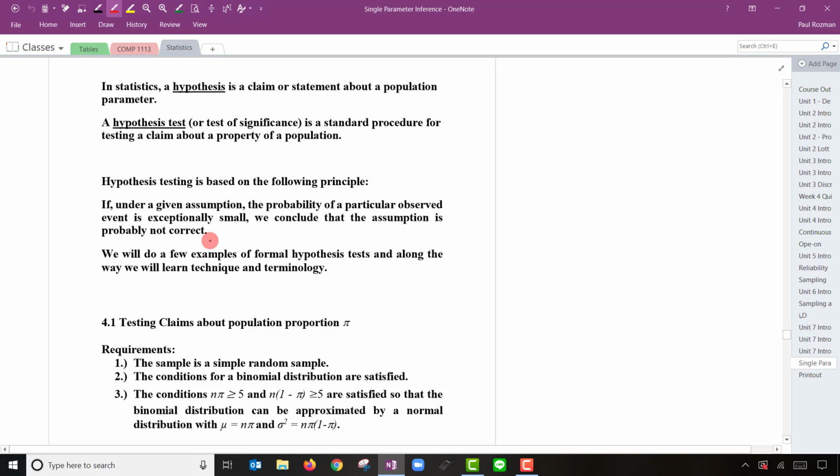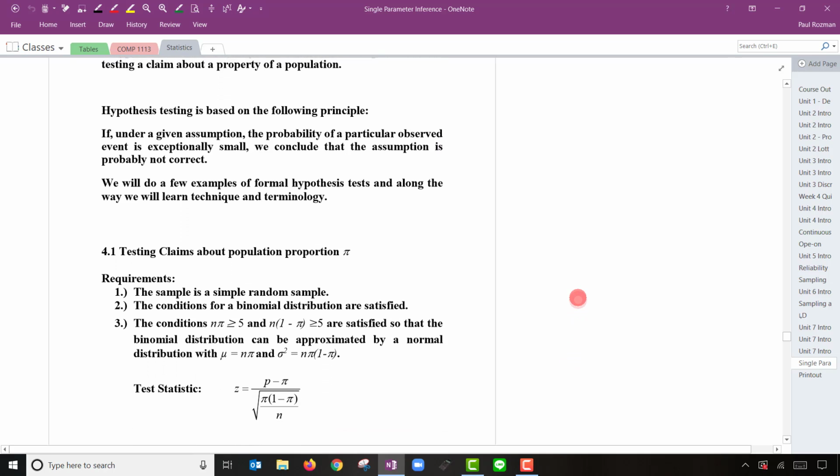If, under a given assumption, the probability of a particular observed event is exceptionally small, we can conclude that the assumption is probably not correct. We did this sort of decision making a few times when we were dealing with the t distribution and the z distribution. We made some decisions based on probability. And that's the underlying characteristic that we'll have in this hypothesis test.